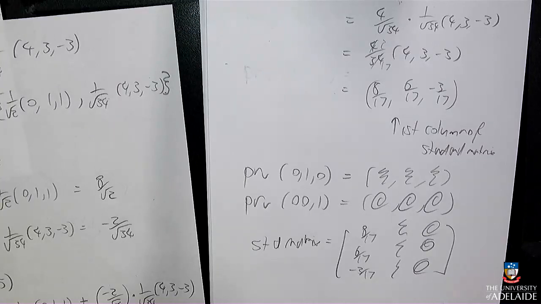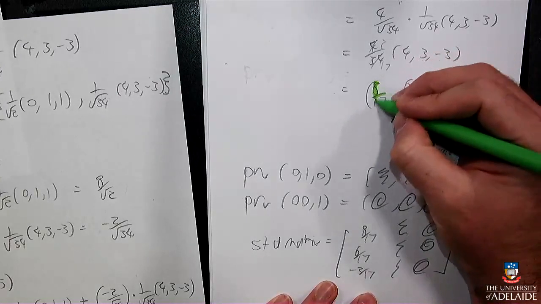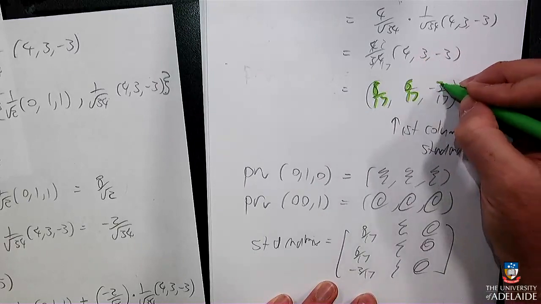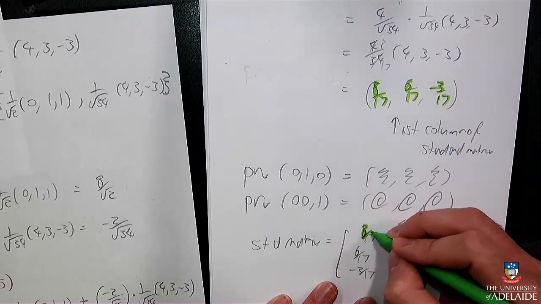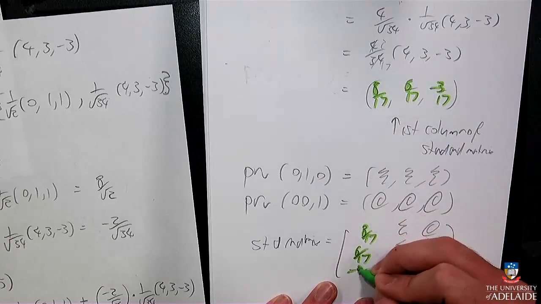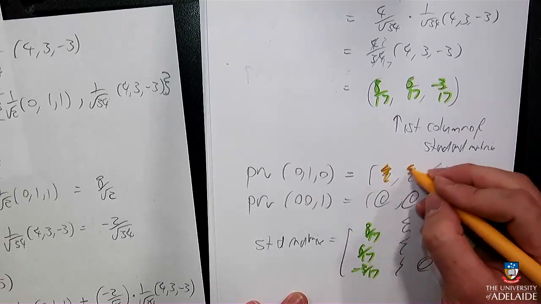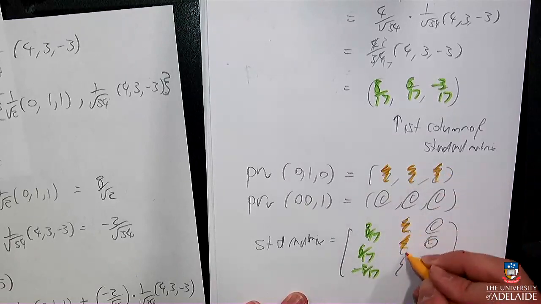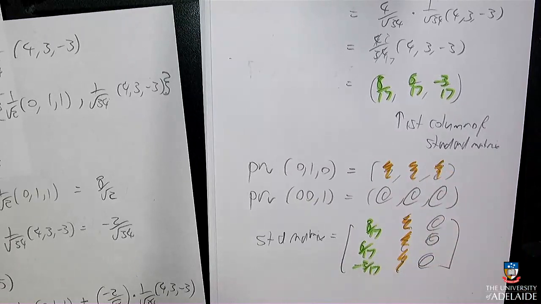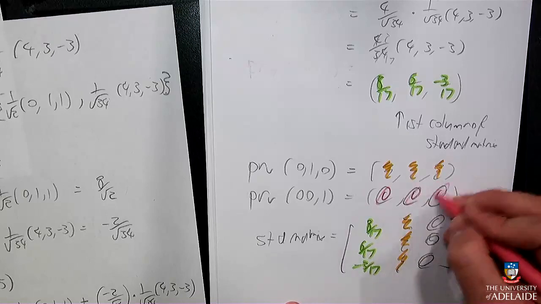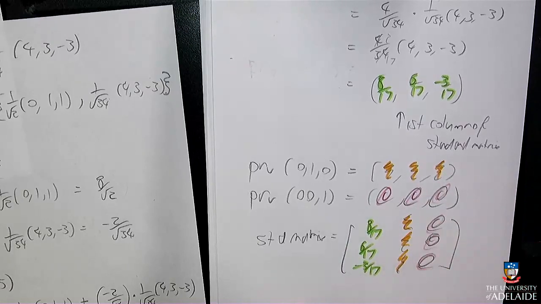I feel the need to color code these, because my symbols aren't the best drawn. There we go. No row reduction, that's the standard matrix.